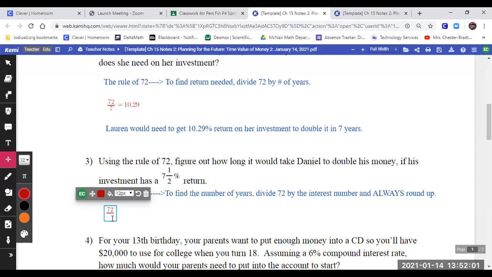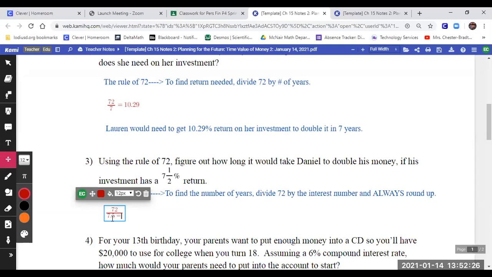Make it a decimal, but not an interest rate decimal. It needs to have its decimal version of half. Yes, 7.5.